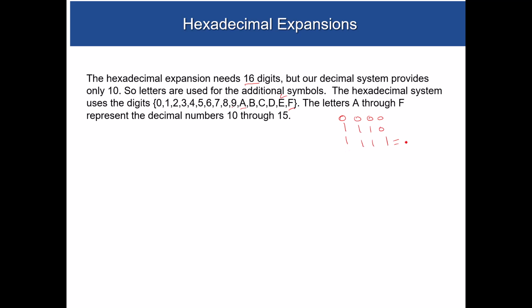So this is F, or 15. This is E, or 14, and this is 0. This is just a sample. So why did people choose this system? Because we can represent any of the digits using 4 bits, 4 binary numbers.